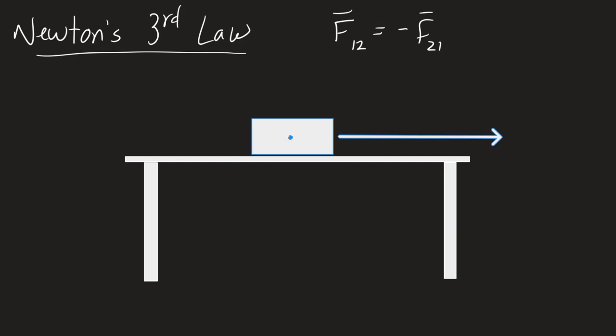For example, there's probably not a person in the room who doesn't realize there is mg acting on the box. And it's touching the table, so there's normal force acting on the box. There's you pulling on the box. There's likely friction acting on the box. Now, for every one of these forces, there is an equal but opposite reactive force acting on something else somewhere in the universe.